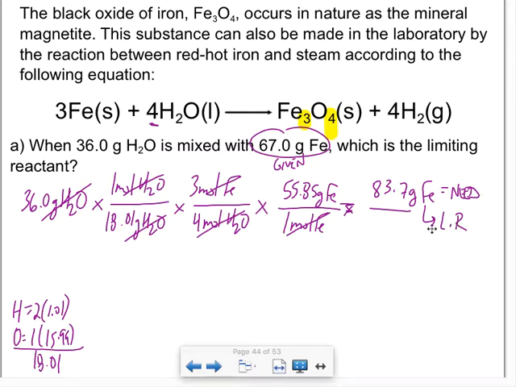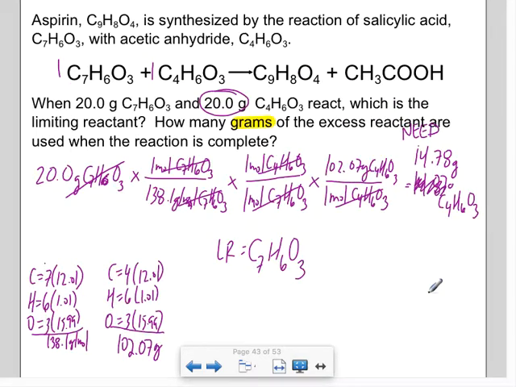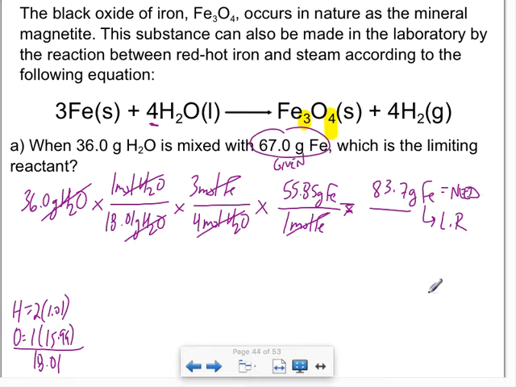But I need to figure out how much excess I have. So you're going to basically do the flip-flop of what you did in A. Instead of starting with water, you are going to start with iron, and you'll convert it to water to figure out your excess.